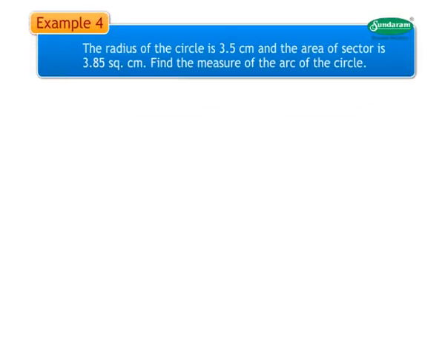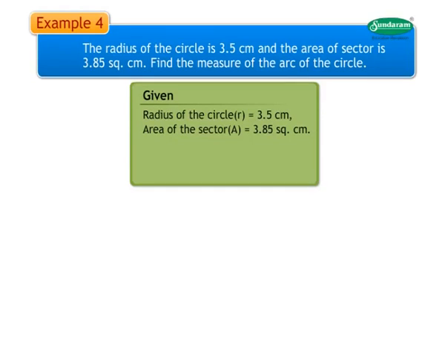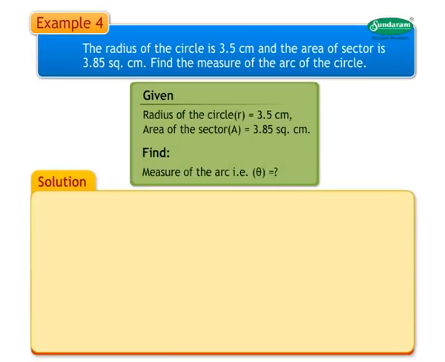Example 4. The radius of the circle is 3.5 centimeters and the area of the sector is 3.85 square centimeters. Find the measure of the arc of the circle. Given radius of circle r is equal to 3.5 centimeters. Area of the sector A is equal to 3.85 square centimeters. To find measure of the arc, that is theta. Solution.